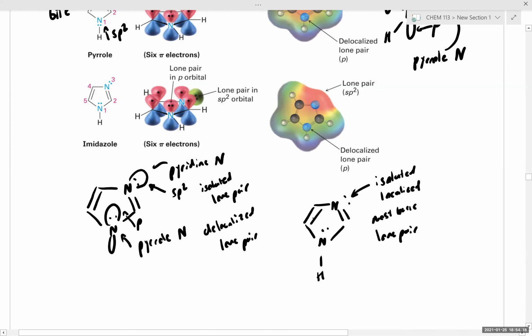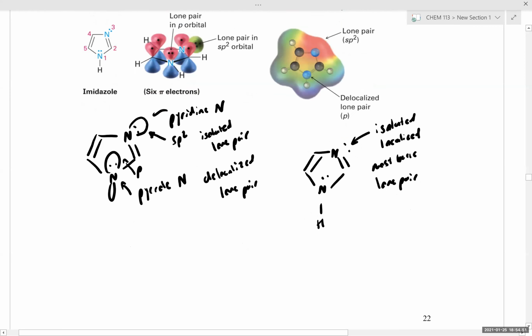Does that idea make sense? When they talked about acid-base chemistry in your previous class, did you ever hear the term pyridine and pyrrole nitrogen brought up? No. Okay. So essentially a pyridine nitrogen is a localized lone pair, while a pyrrole nitrogen is a more delocalized lone pair. In general, pyridine nitrogens are more basic.